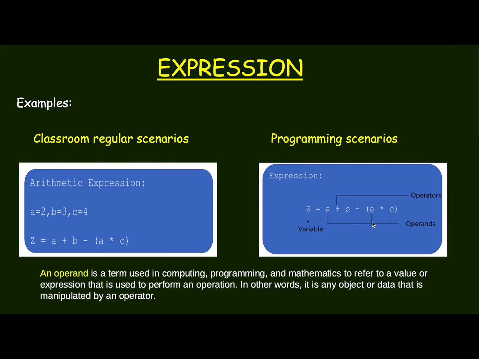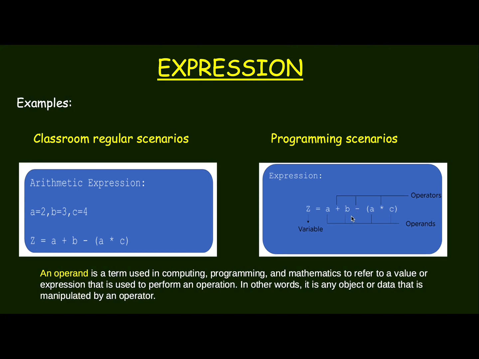Now, an operand is a term used in computing, programming, and mathematics to refer to a value or expression that is used to perform an operation. In other words, to make it simple, it is any object or data that is manipulated by an operator. So it means that all these operands here are being manipulated by the operators.